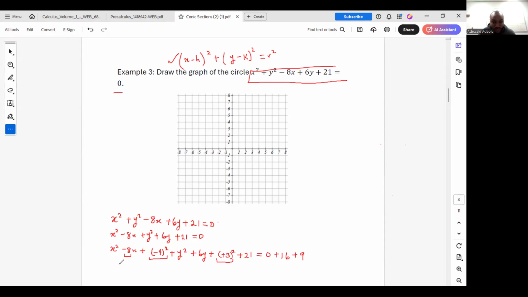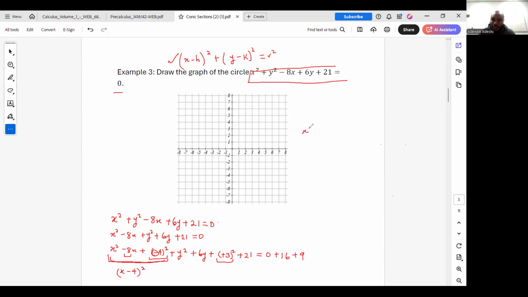So now this becomes x minus 4 all squared, which is the same thing as this whole thing here.